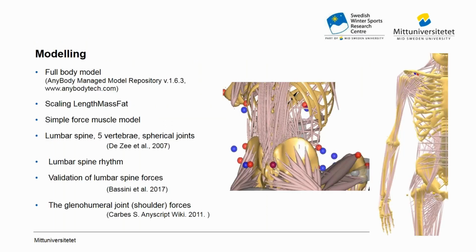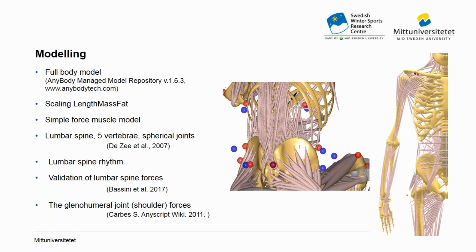To the modeling part then, we used the full body model from the model repository, version 1.6.3. This is a full body model which comprises 31 rigid bodies and around 700 muscle parts. For each participant, a model was constructed for both sitting positions, and the model was scaled according to the height and weight of the participant, with the length, mass, fat scaling routine in the software.